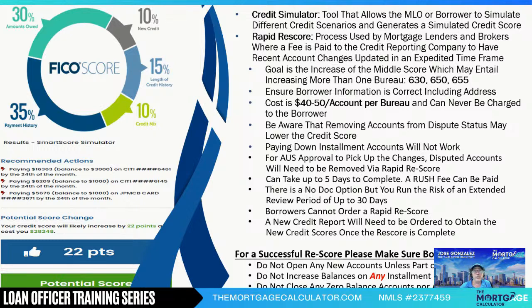So in this case, we would have to rescore the 650 and the 655 bureaus, whichever they are, to make sure that our middle score is a 660. If we do just the 650, then we're going to end up with a 655 middle score and vice versa.